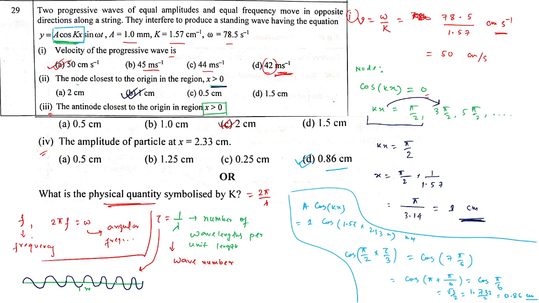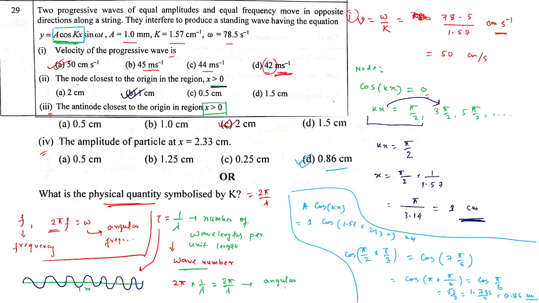Now, we observed here that if you multiply 2 pi with frequency, then we get angular frequency. Similarly, if we multiply 2 pi with 1 by lambda, that is 2 pi by lambda, this is also angular.